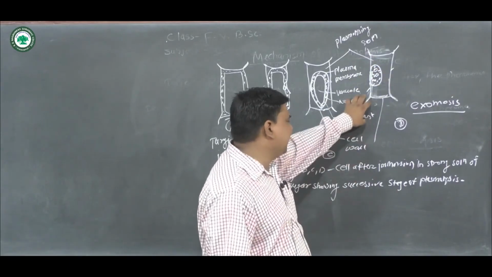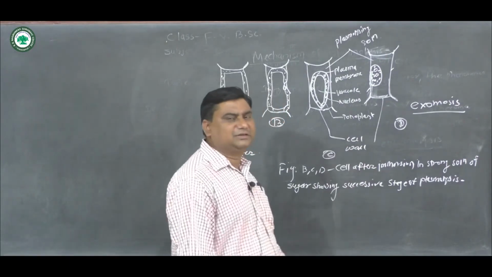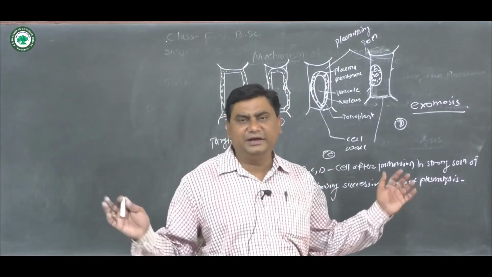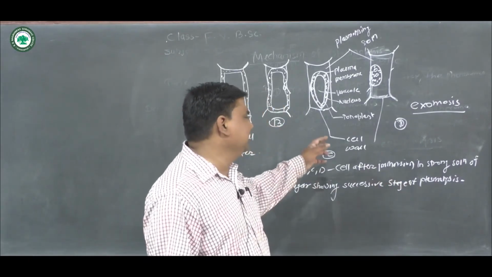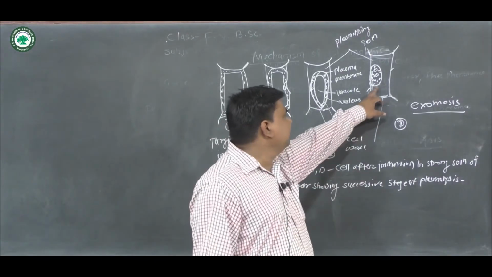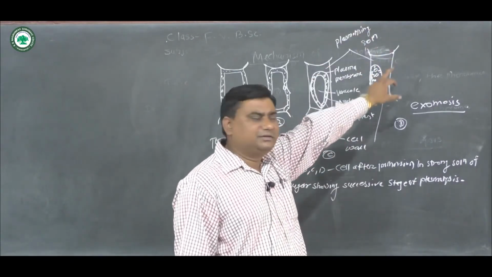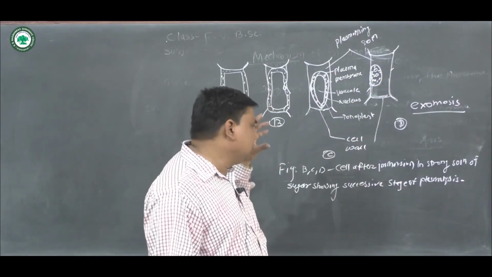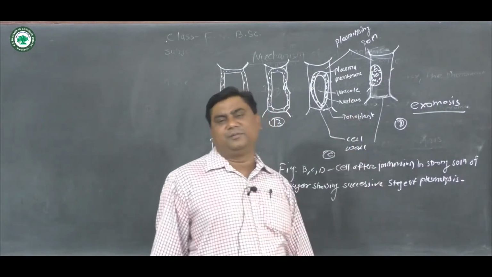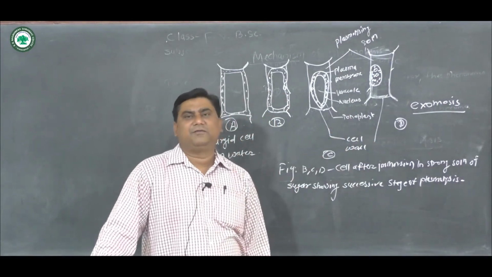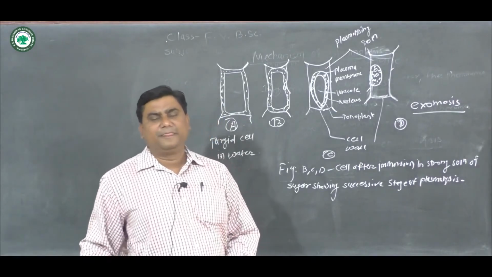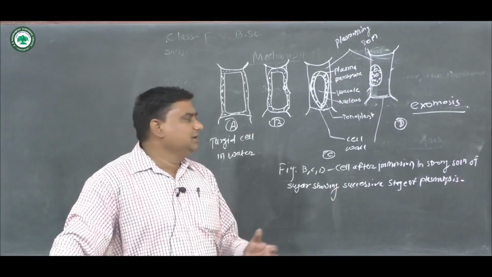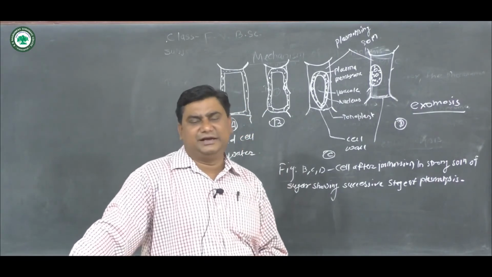At that time the cytoplasm will be completely free from the cell wall and remain in the center of the cell. Here you can see the cytoplasm remaining in the center of the cell, and this phenomenon is called final plasmolysis. A cell which has undergone plasmolysis is called a plasmolysed cell.